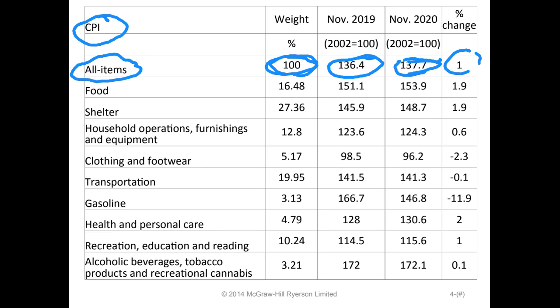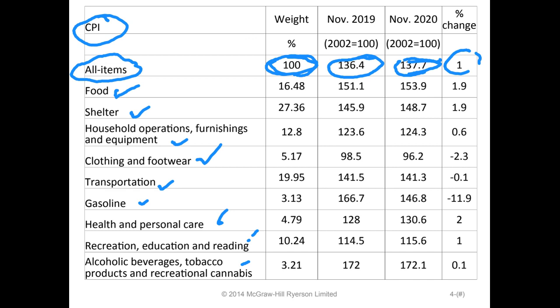Now we have all these different categories in that basket. So you have products related to food, then shelter, household operation, clothing, transportation, gasoline, all these are included. But we don't just take the average of all these products. We give different weights because some goods are more important to consumers compared to others.